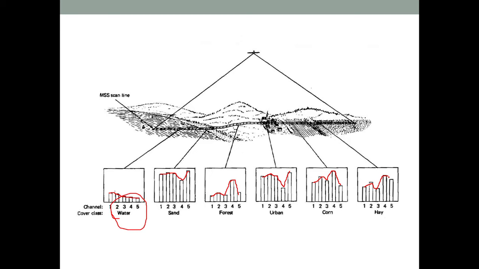So these are what we call spectral reflectance, and each feature or class has its own different signature. The graph is a signature, right? And thus the software will identify this, and either through our supervision or by automation, it will classify based on the signature accordingly.